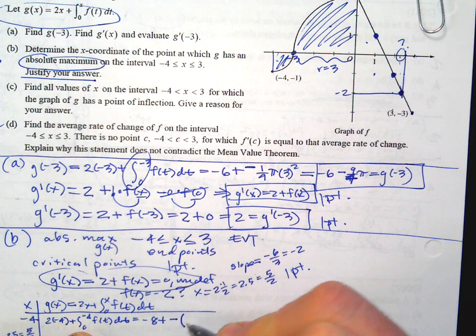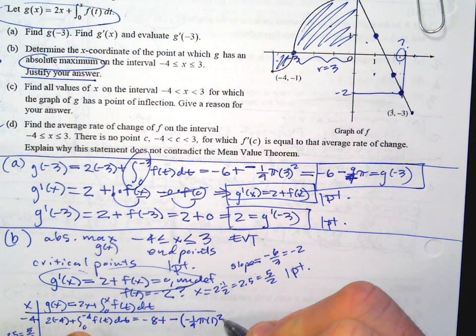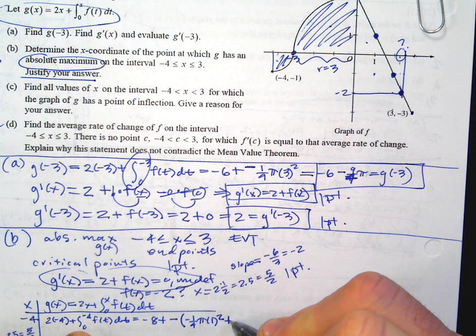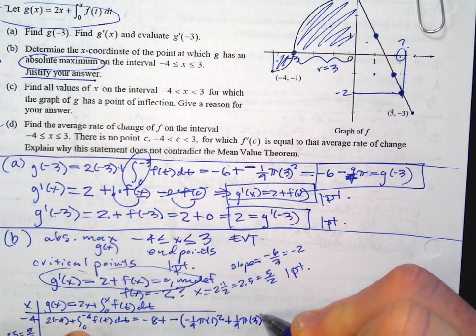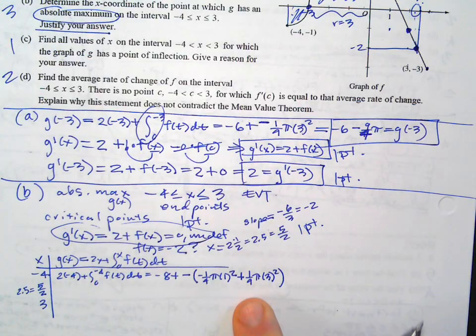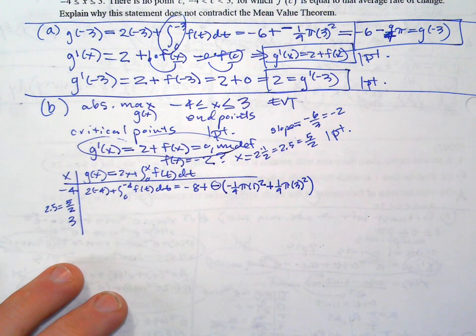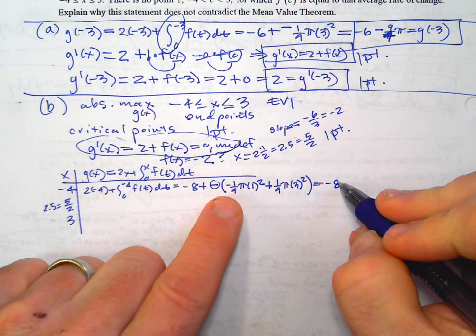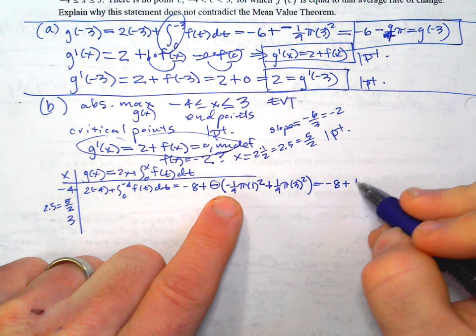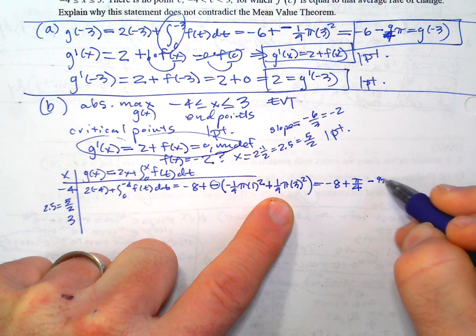We get a -1/4 pi r squared for that little quarter circle plus 1/4 pi r squared with radius of 3 for the big circle. It's positive because it's above the x-axis, but then we got to make the whole thing negative afterwards because we're integrating backwards. So this is going to be -8 plus pi over 4 minus 9 pi over 4.